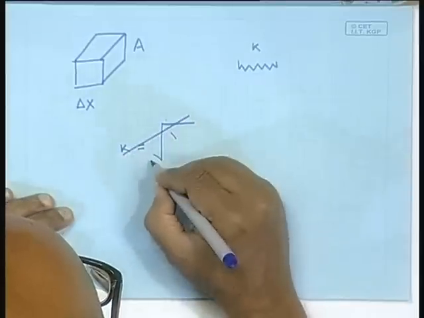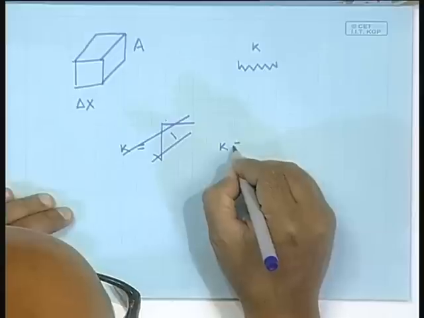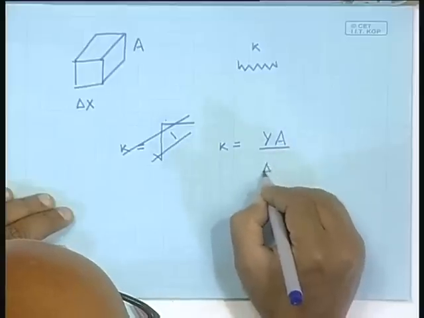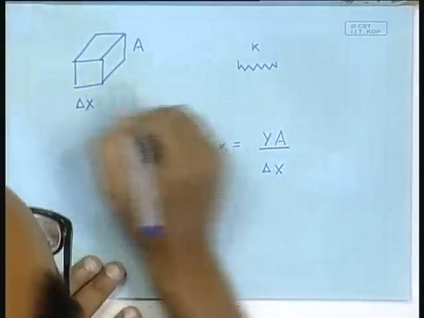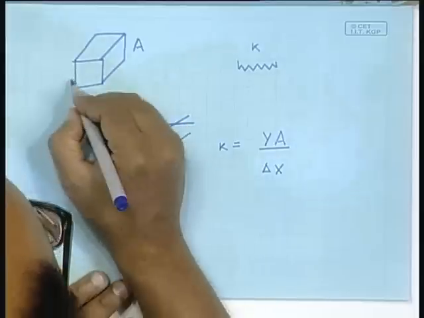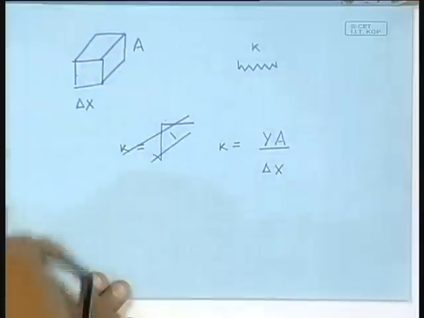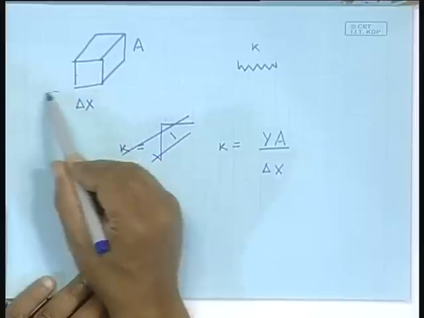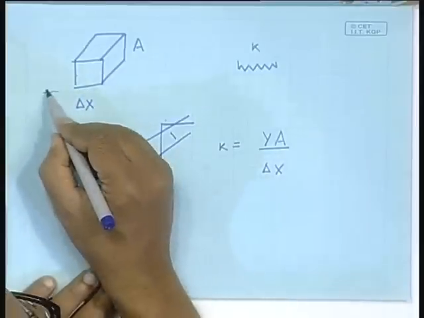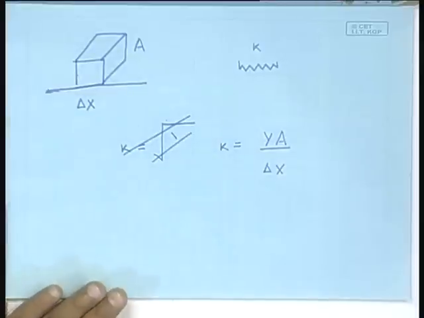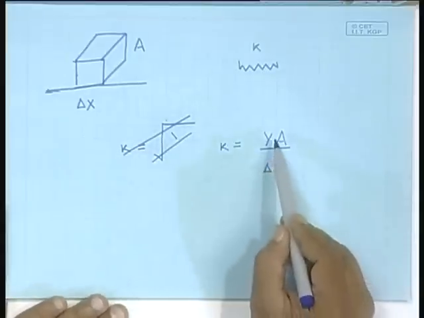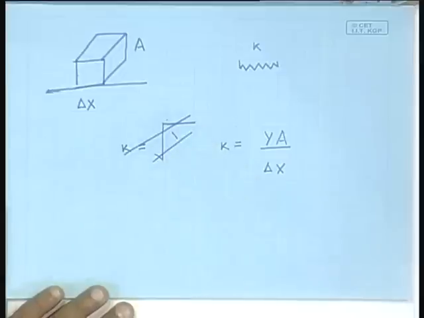K is equal to the Young's modulus Y into the area divided by the length of this element, which is delta x. So, we are looking at deformations of this mass element along the x axis only. You should bear this in mind. For this purpose you can think of this mass element as a spring of spring constant K, where K is Y into the cross sectional area divided by the length delta x. We have discussed this quite a few lectures ago.